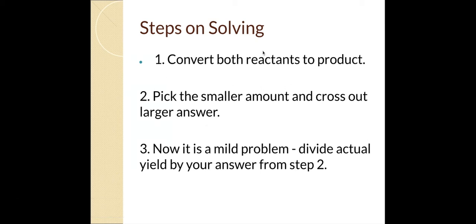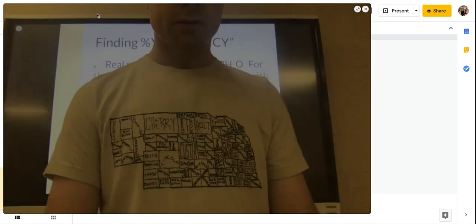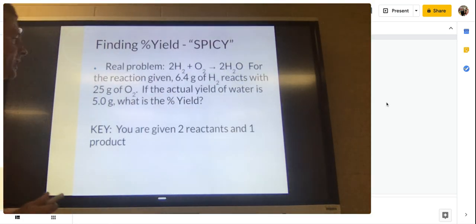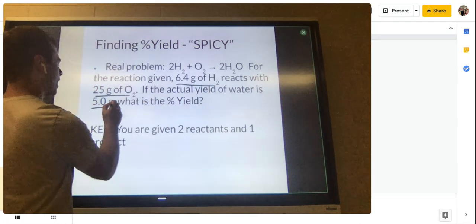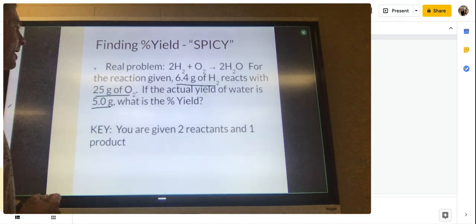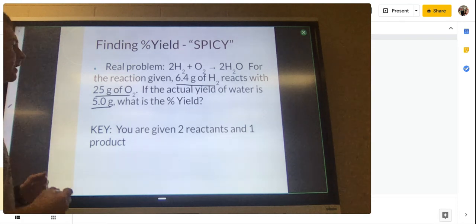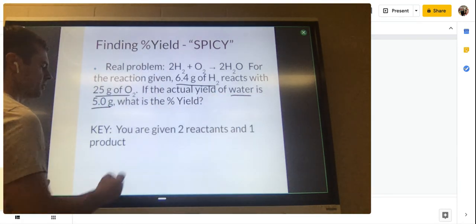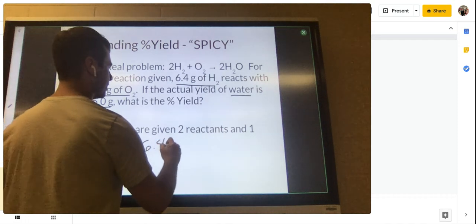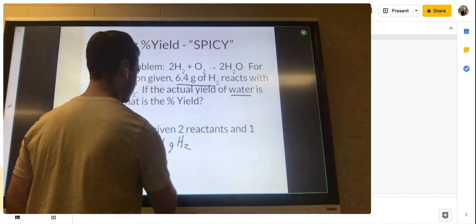Let's see here. Okay, so spicy problem. So reactant, product. We'll deal with that product later. Step 1, take both of these reactants and convert it to this product. The product is grams of water. So I'm going to do each one right here. 6.4 grams of hydrogen.